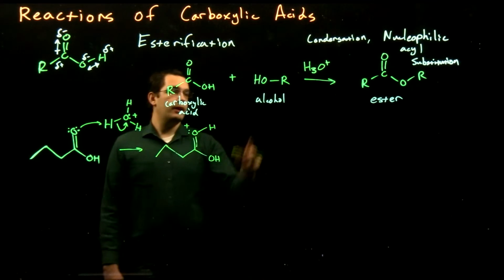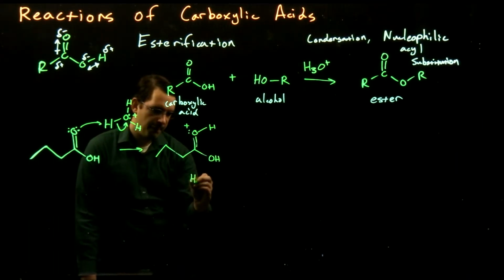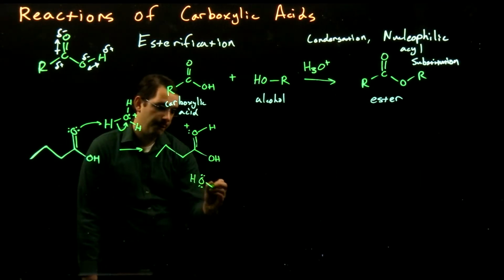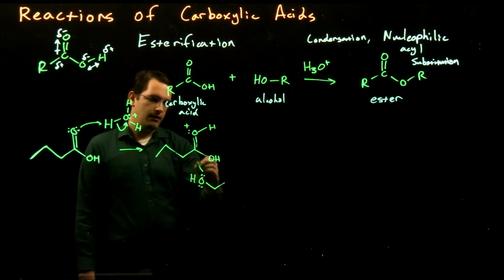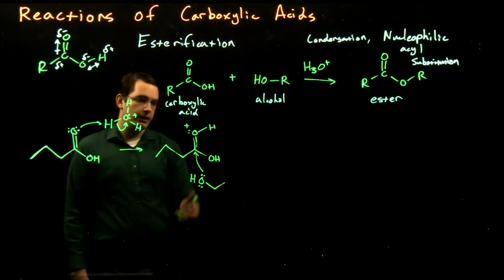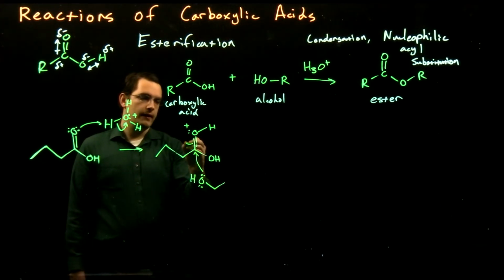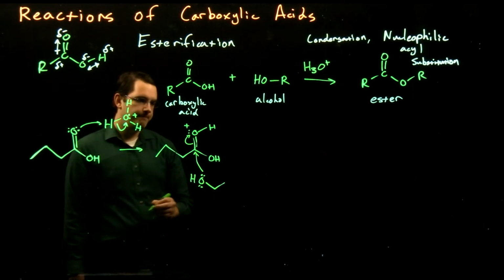At this point now we can attack with our nucleophilic alcohol. I'm going to show ethanol in this case. As we bring that into attack, as with our other nucleophilic addition reactions, we're going to move our electrons up onto that oxygen at the same time.